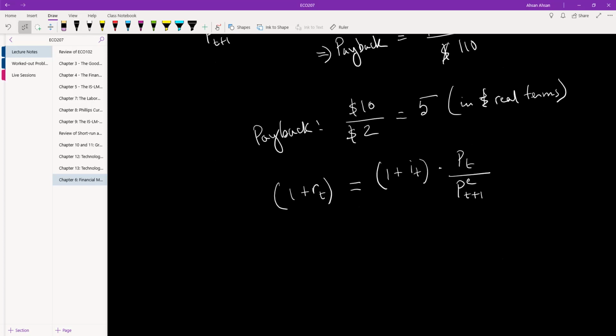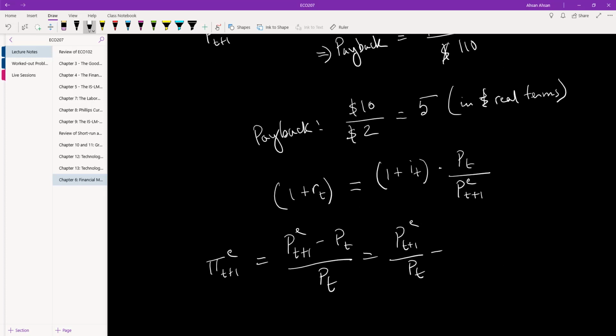What we introduce is something called expected inflation, which is equal to pt+1e minus pt, divided by pt. And if we simplify this, what we get is pt+1e divided by pt, minus 1.